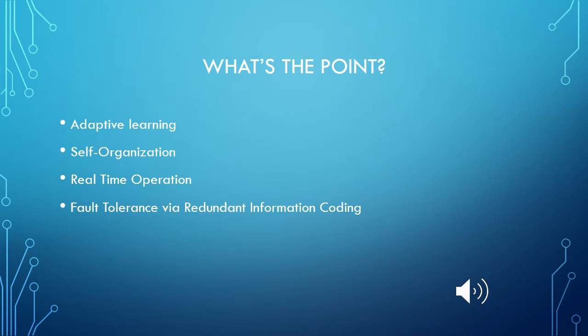The fourth and final one is fault tolerance, because of redundant information coding. Partial destruction of a network leads to corresponding degradation of performance. However, some network capabilities may be retained even with major network damage.